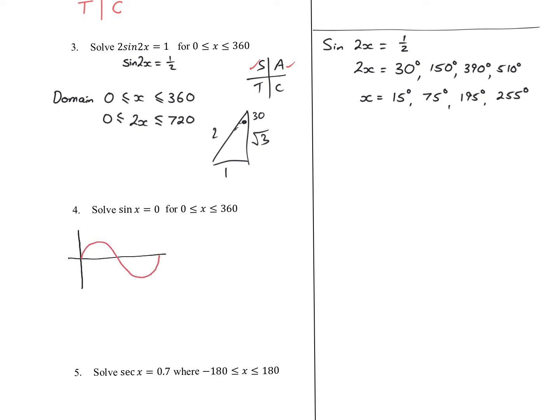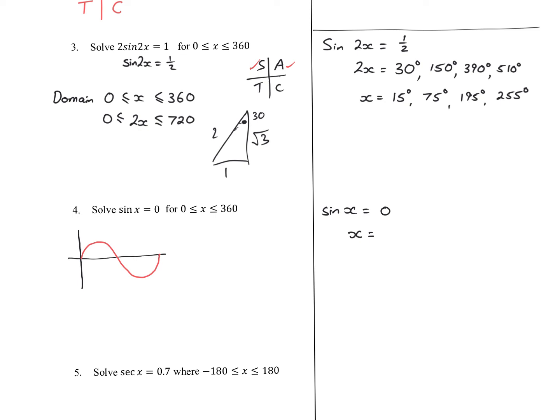Our sine graph. Okay, so here's our sine graph. Remember we looked at that. So sine x equals 0 is what we're trying to solve. When is sine x equal to 0?